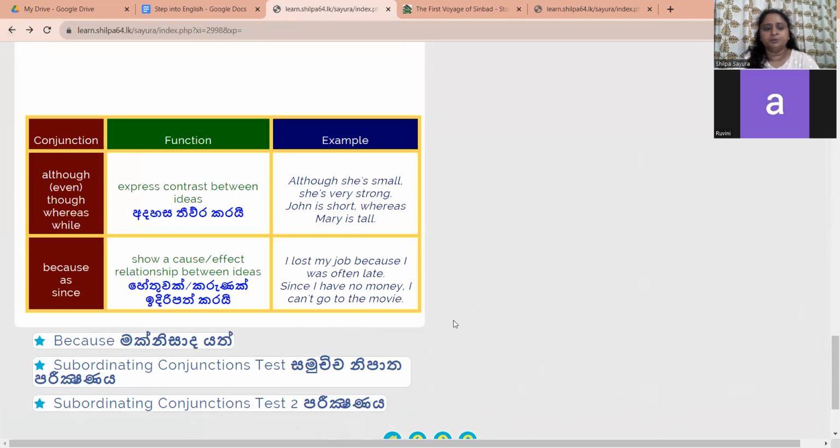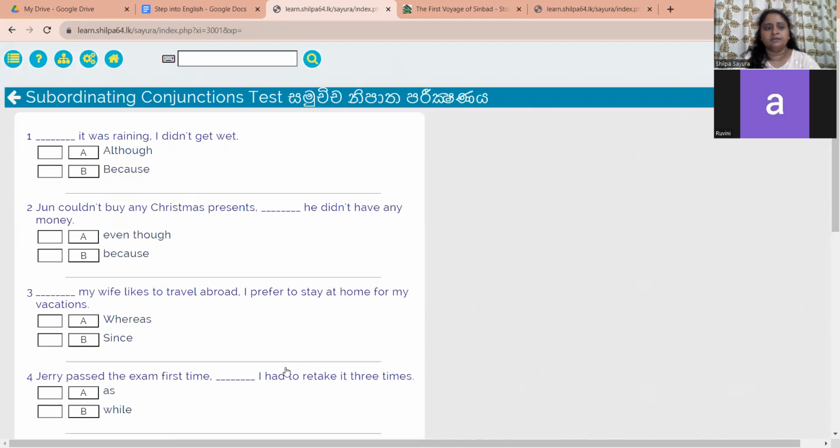Because we are going to do a small test on subordinate conjunctions. Okay, so I want you to try the answers. So, unlike the coordinating conjunctions, subordinate conjunctions are a little harder. So you can see in the test, they have given the options.